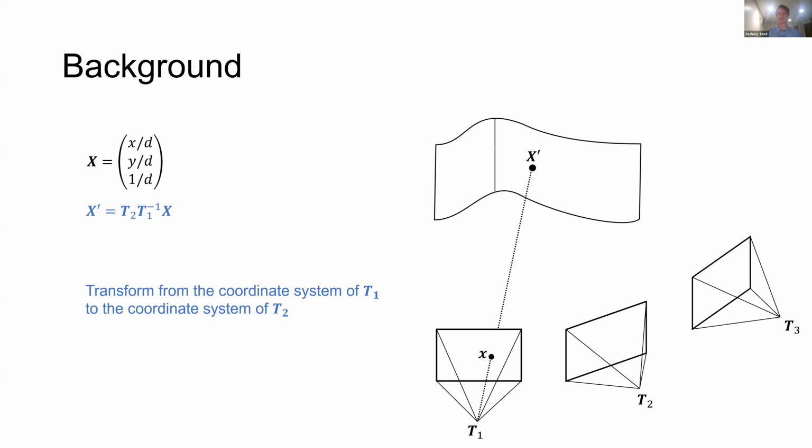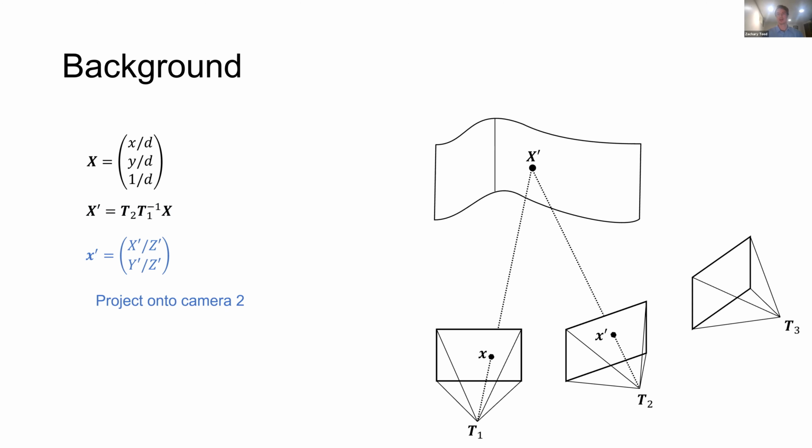We can then transform this 3D point from the coordinate system of image 1 into the coordinate system of image 2, and then simply project this point onto camera 2. And we can compute something we call an induced flow, which is the difference between this projected point and the original point. And this is identical to the optical flow that you get if you were to estimate optical flow between these two images, up to the prediction error.